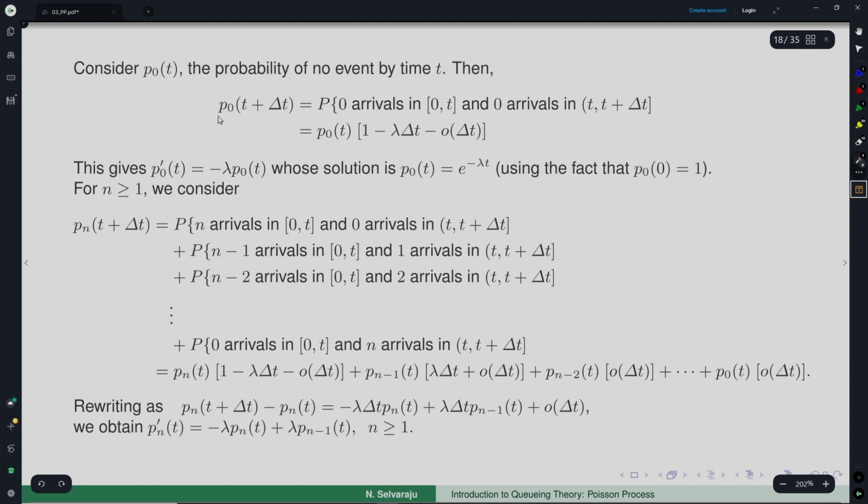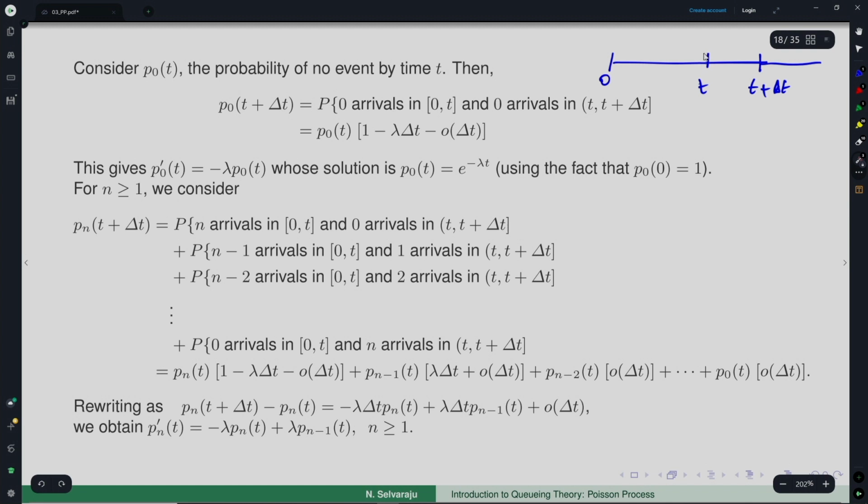Now, look at the interval up to t plus delta t. What would be P0 of t plus delta t? This can happen in this way: the probability of 0 arrivals in 0 to t and 0 arrivals in t to t plus delta t. You have 0 here, you have t and you have t plus delta t. This is the timeline.